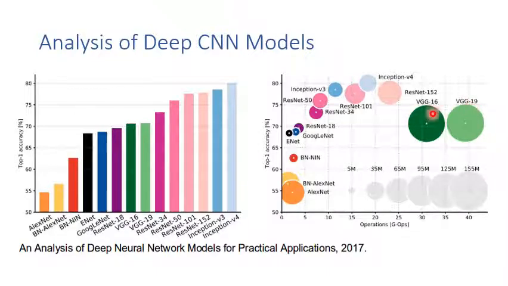As we can see, VGG has the most operations to make predictions, but the accuracy is around 70. Inception V4 and ResNet have much fewer operations and also fewer parameters, but have higher top 1 accuracy.